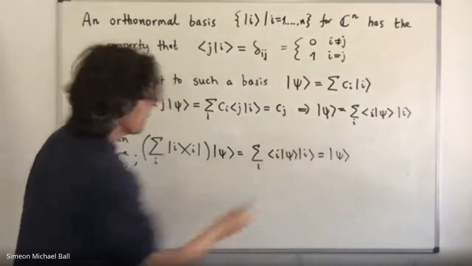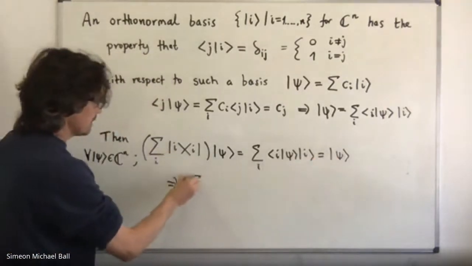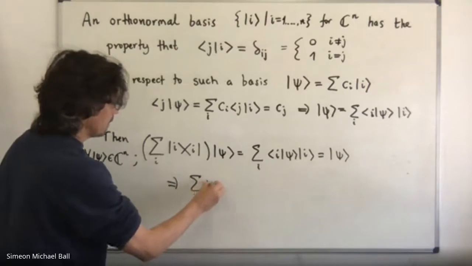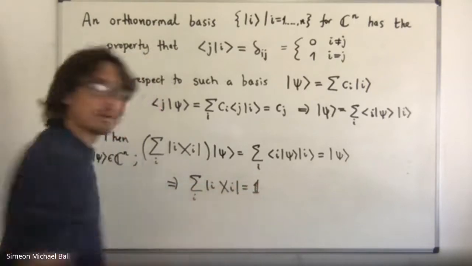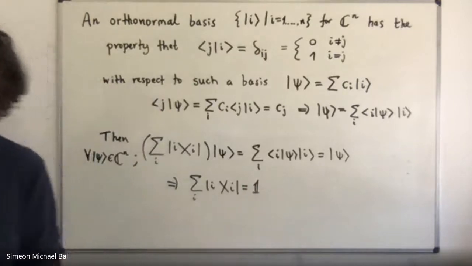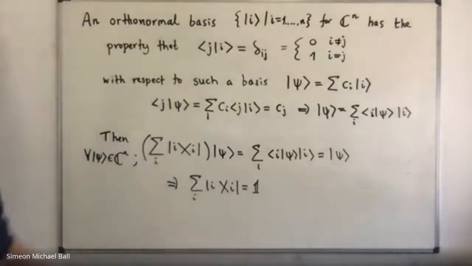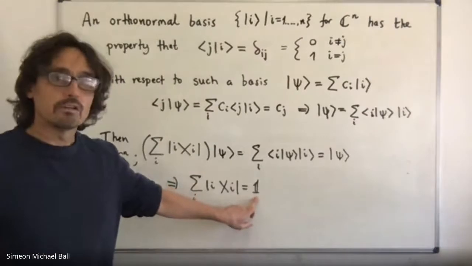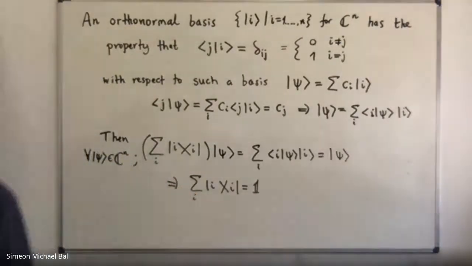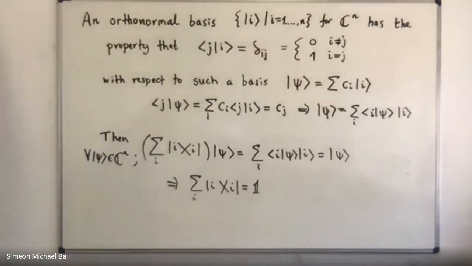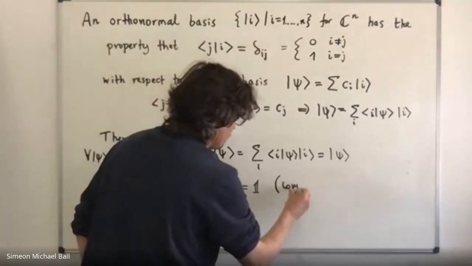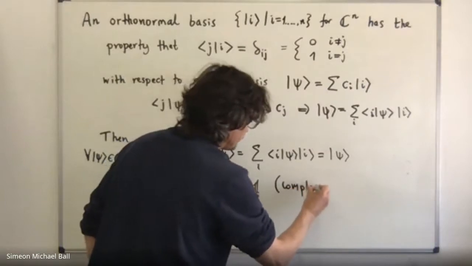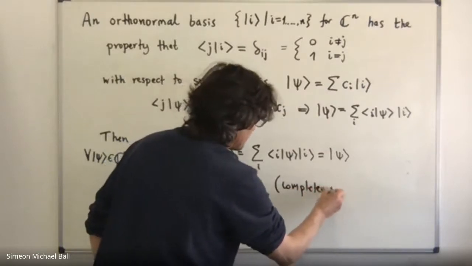This implies that the sum over i of ket i bra i is in fact just the identity map, which I will generally write as a one like this. This is called the completeness relation, which we'll see again for sets of linear maps.